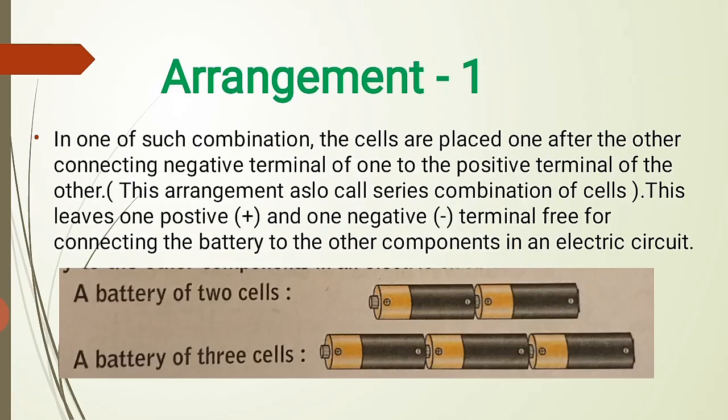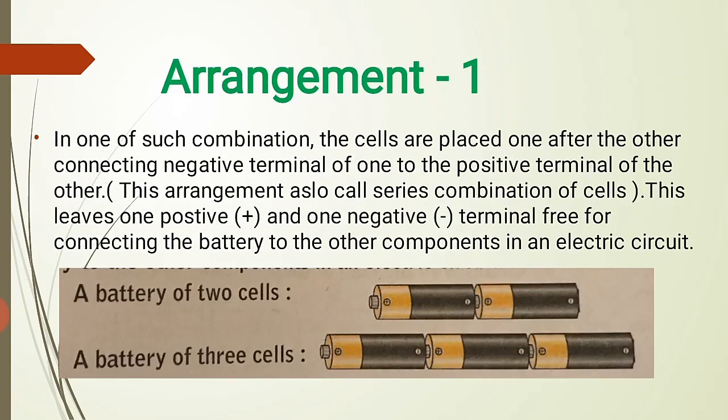See the diagram shown below, a battery of 2 cells and a battery of 3 cells. See carefully, here the cells are placed negative to positive, leaving one positive and one negative terminal, right?